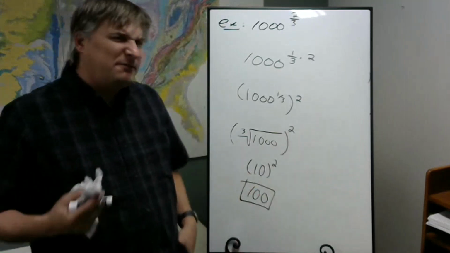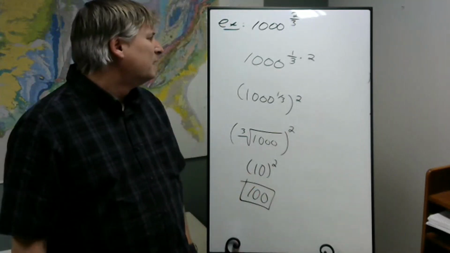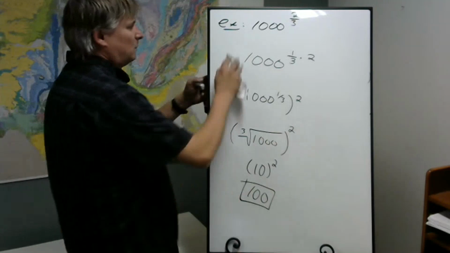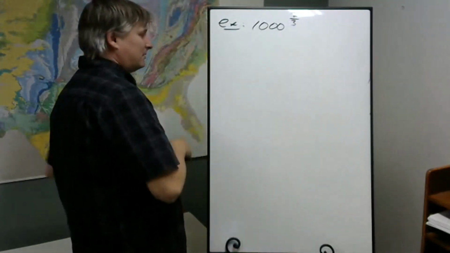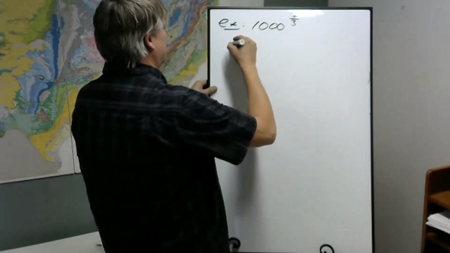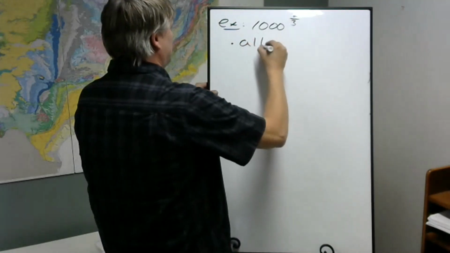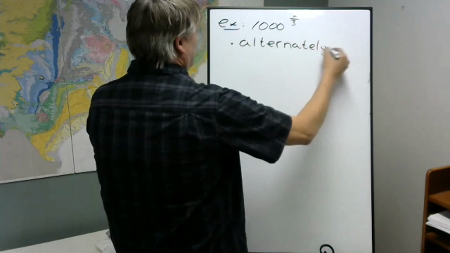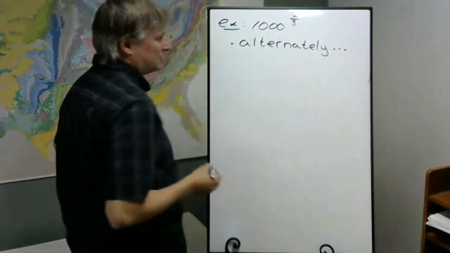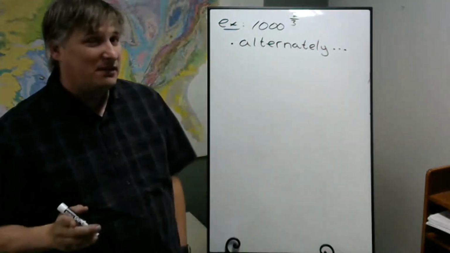Now, what if we did this differently? Let's say we did this. So alternately, let's say we did this.